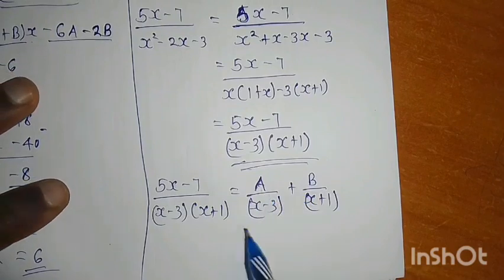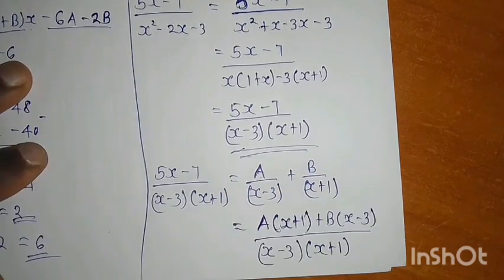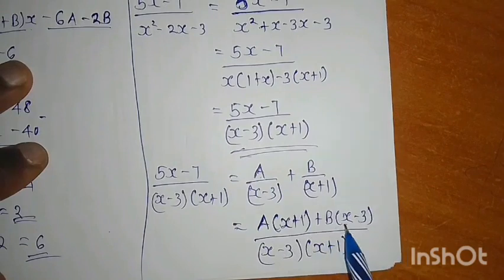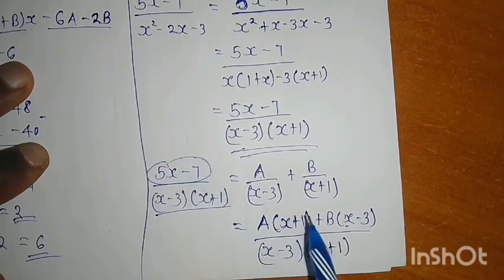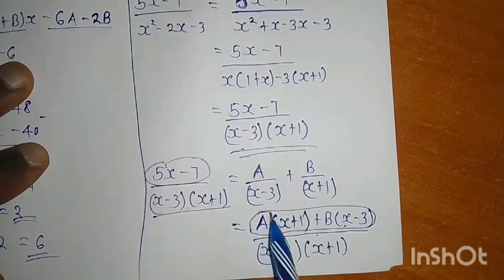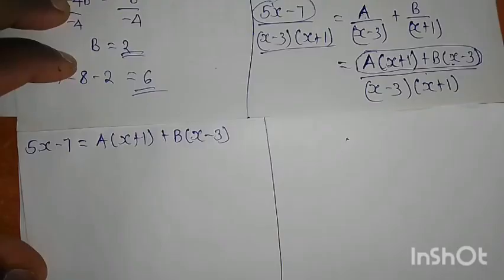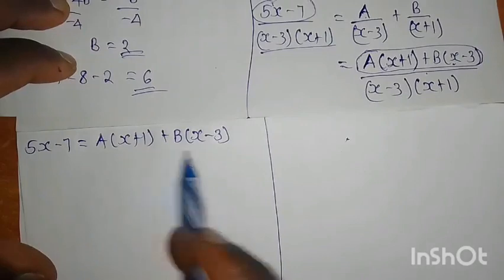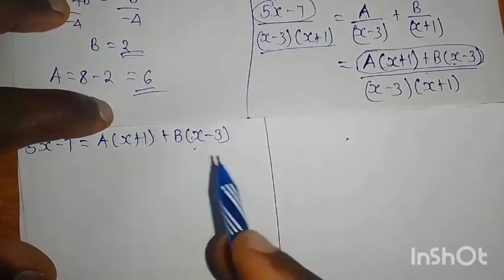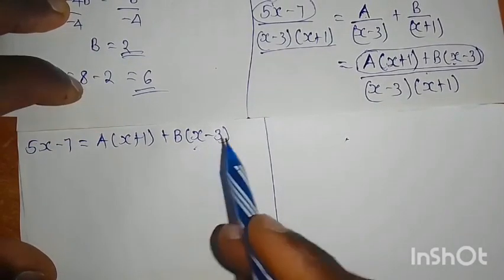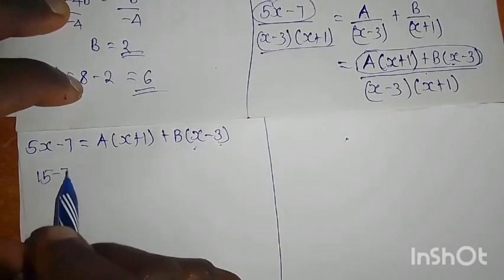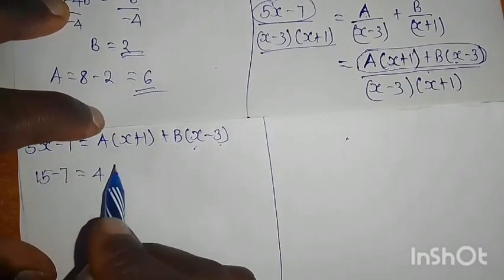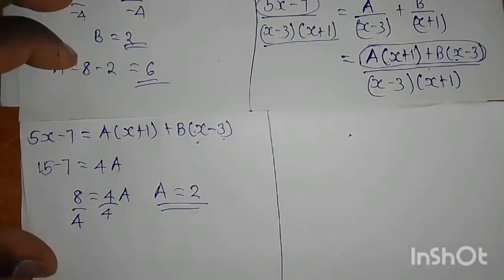Because this expression is just equal to this expression, we now equate the numerators. So here we want to use a simple method to solve. If we take x to be 3, b will be 0, and so we'll find our a.